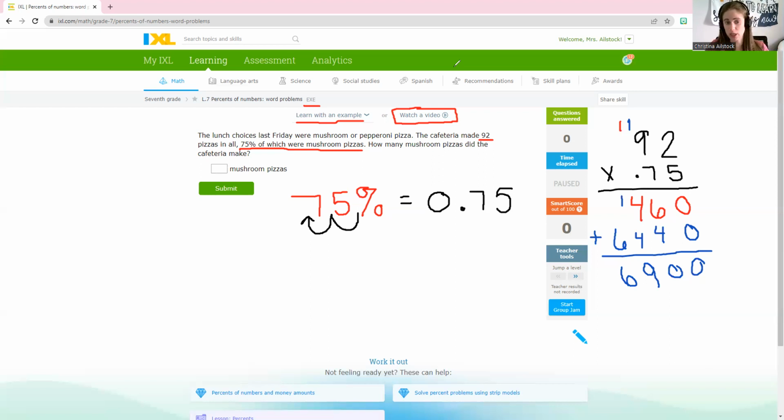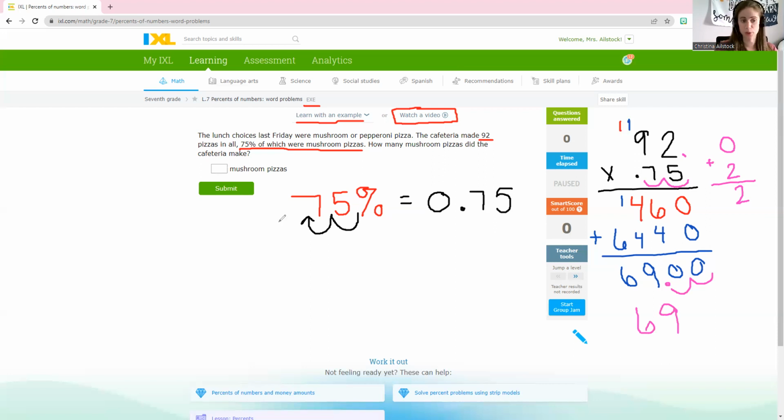So in this first number here, we don't have any numbers to the right of our decimal point, but in this second number, we have 2. So that means in my final answer, we need 2 numbers after the decimal point, which would just give us 69.